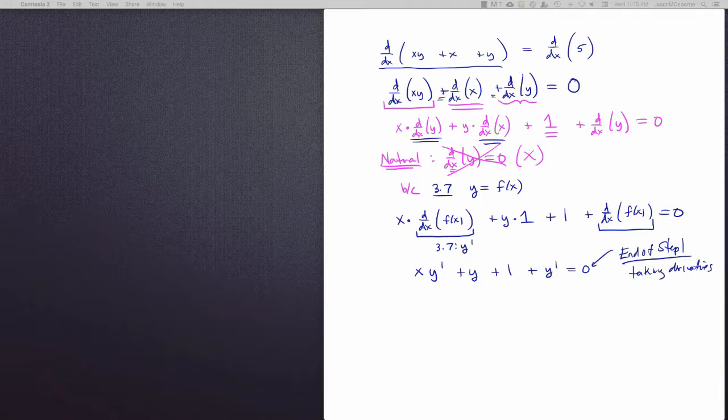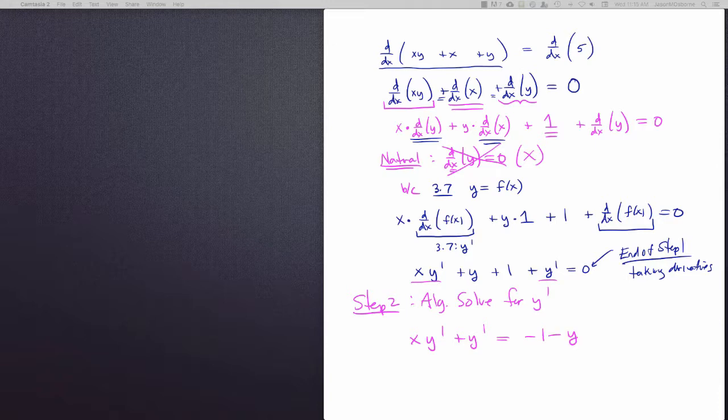Okay, and now step 2 is to do an algebra solve for y prime. Okay, so if you solve for y prime, I'm looking at everything that has a y prime in it, and I'm going to move everything that doesn't have a y prime attached to it to the other side of the equation.